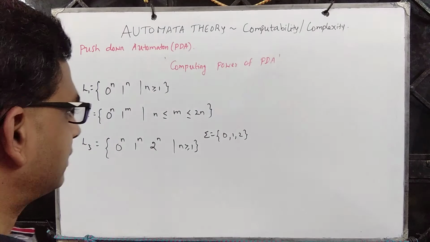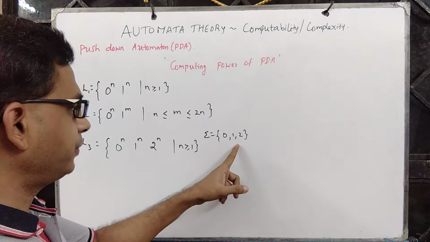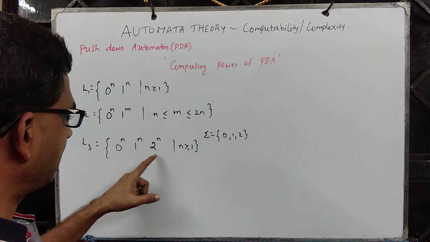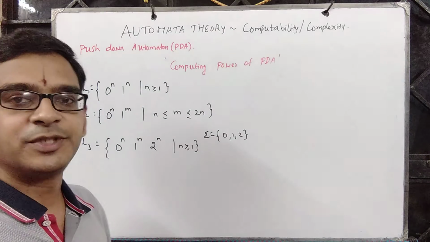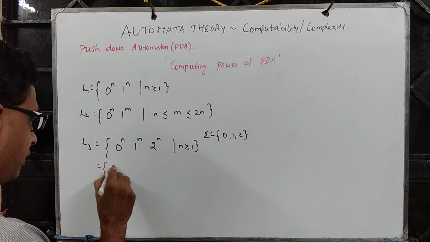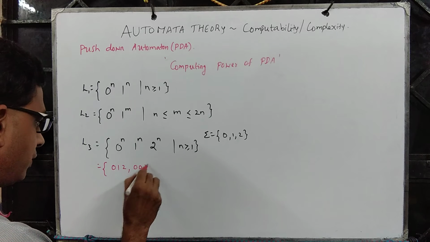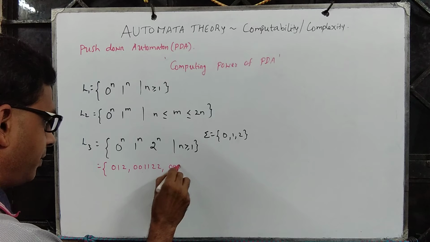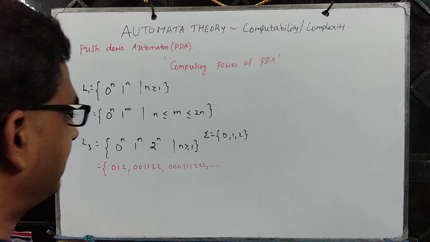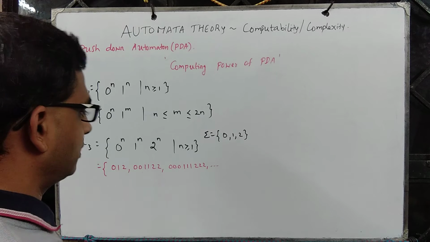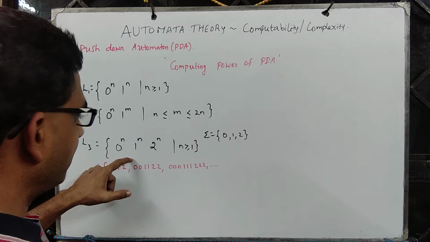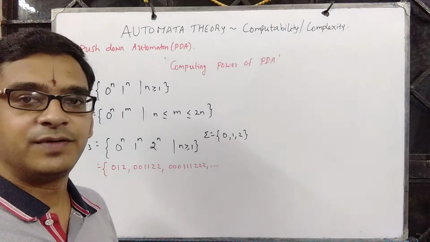It is the set of all strings over 0, 1, 2 such that the number of zeros, number of ones and number of twos must be the same. Meaning if you look at this, you will find 0, 1, 2, 0, 0, 1, 1, 2, 2, 0, 0, 1, 1, 2, 2 and so on. Now can we design a PDA for this? Can this machine be modified to accept L3? That's our question.